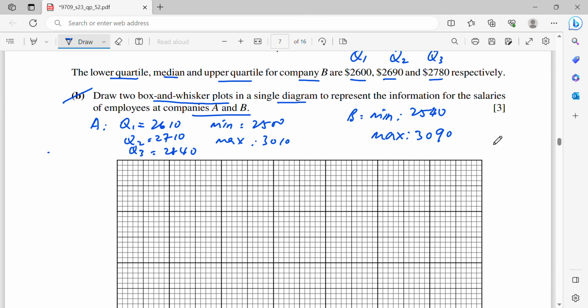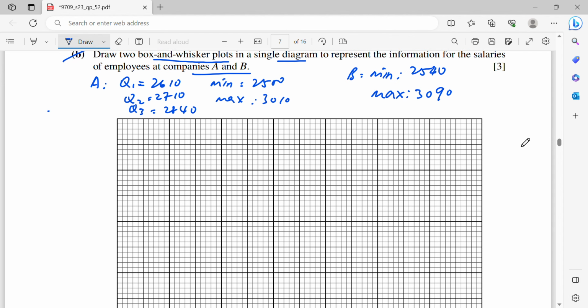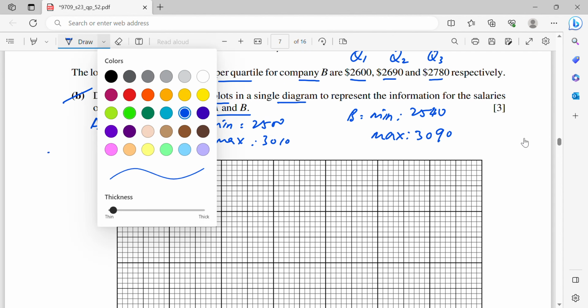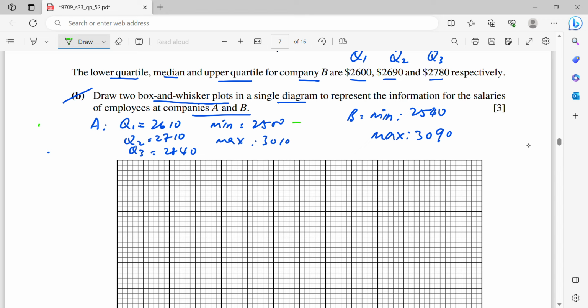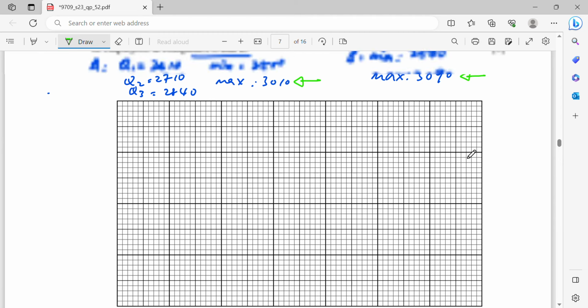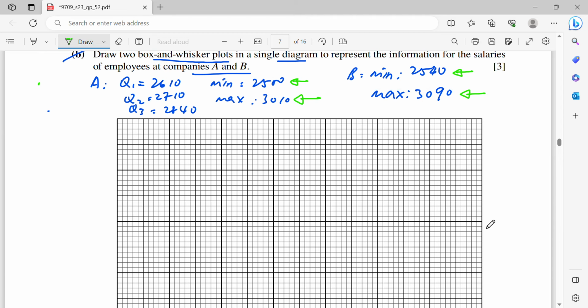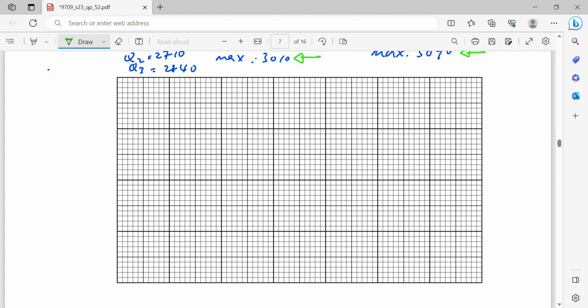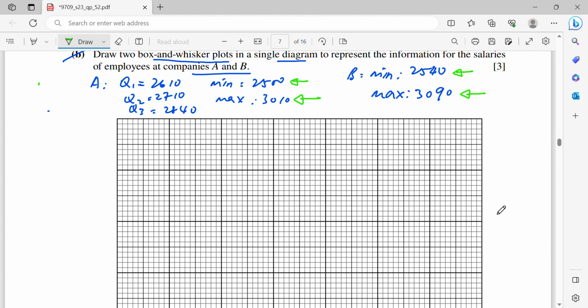Now we can start drawing the box and whisker plots. The minimum values are 2500 for A and 2540 for B, and the maximums are 3010 for A and 3090 for B. From here, on the grid, I need to decide the scale.